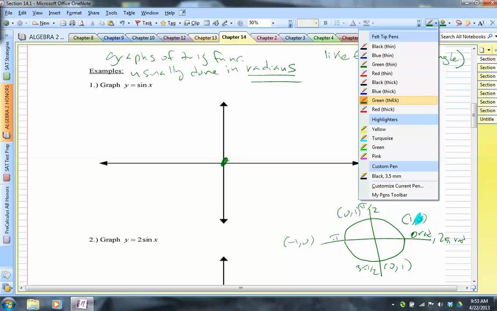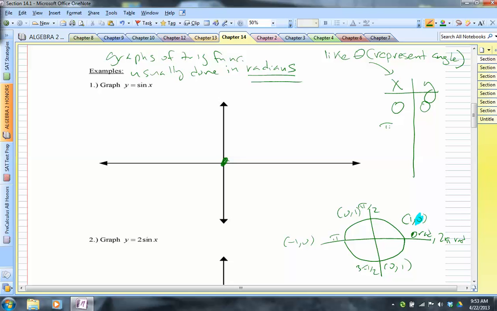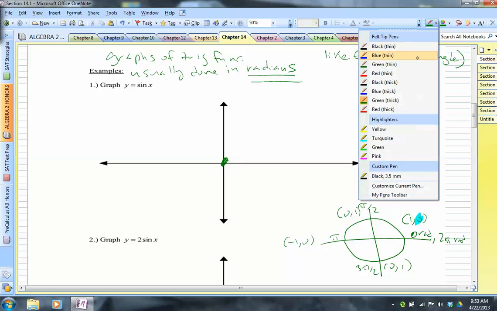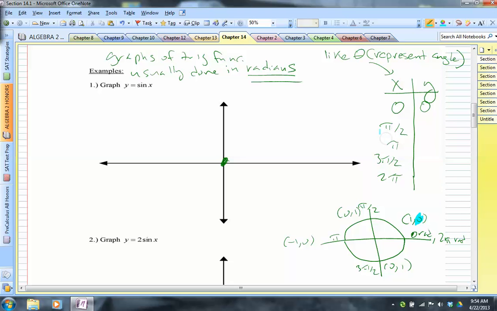I'm also going to try all the other angle measures: pi over 2, pi, 3 pi over 2, and 2 pi. So what this implies is that I'm going to use the remaining y-coordinates of all the points I labeled on the unit circle.